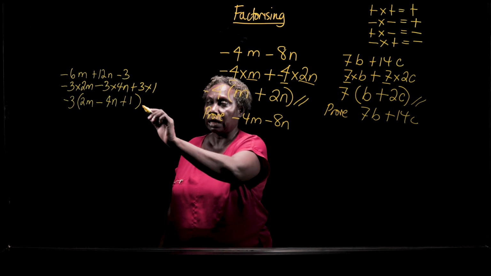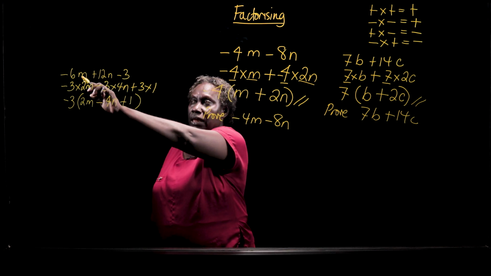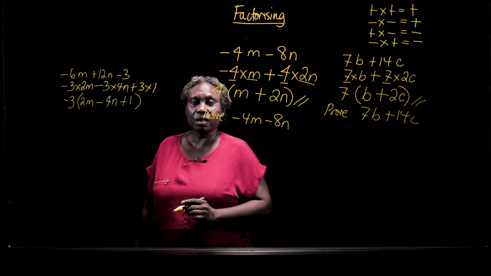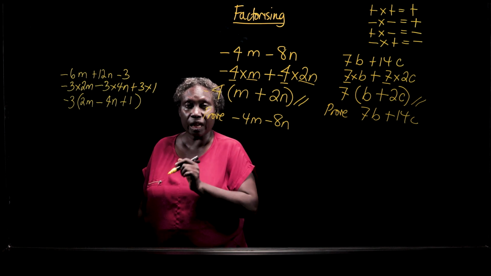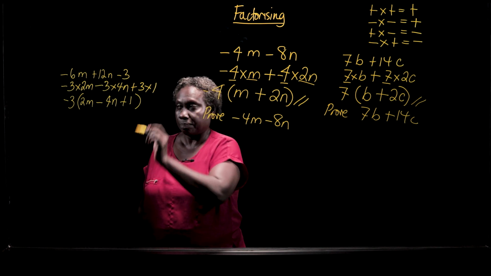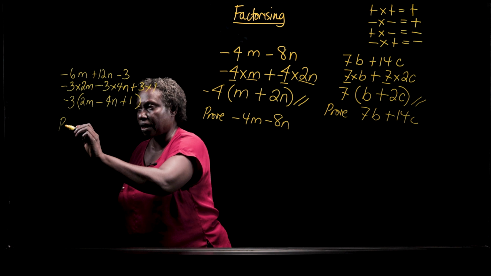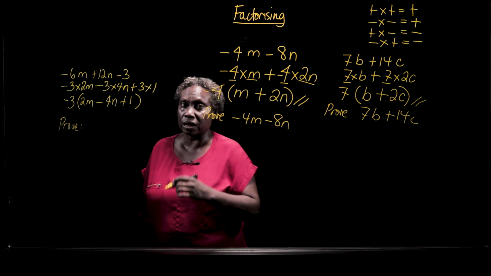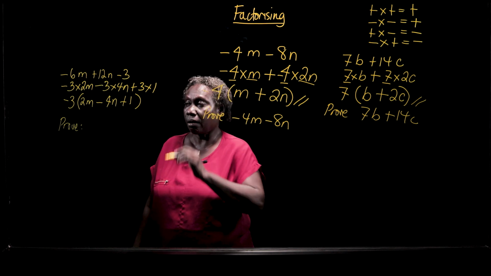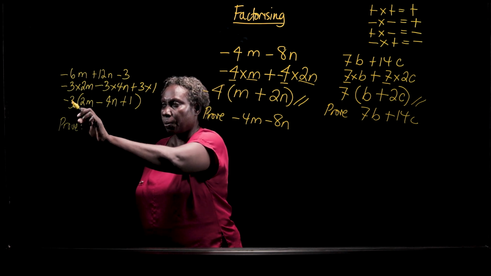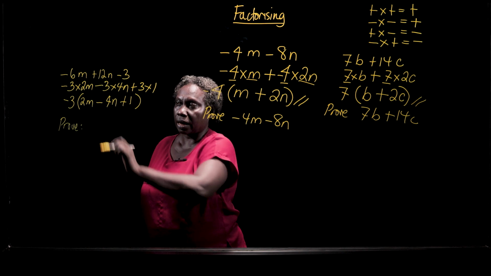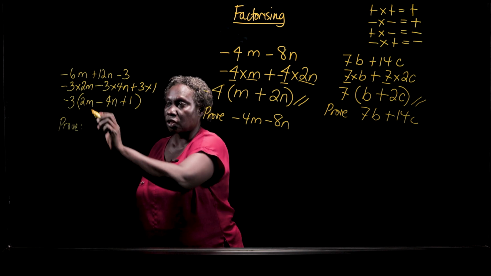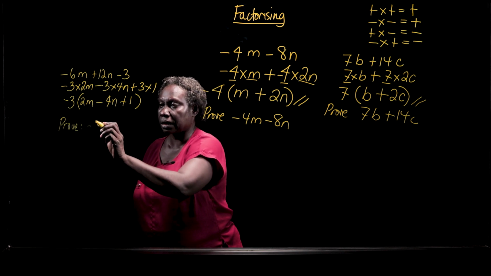Let's see if this can still give us the same expressions that we have at the top when we expand them. Okay, so we have a proof here. In mathematics, we always prove to see if our answers are correct. Okay, so we have negative 3 times 2m gives us negative 6m.